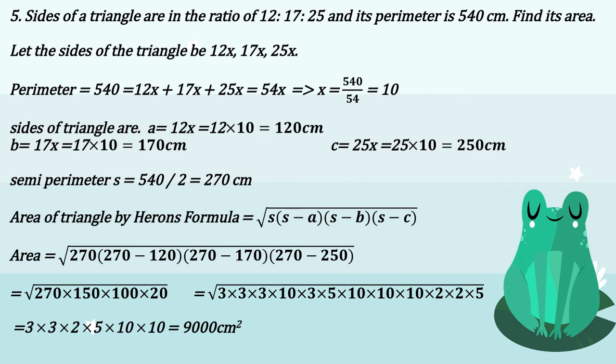I have 4 tens, which means I have 2 pairs of 10, so I can move 2 tens outside the radical sign. Now nothing is left inside the radical sign. I will simply do the multiplication and the answer comes out to be 9000 centimeters square. Don't forget to write the units.